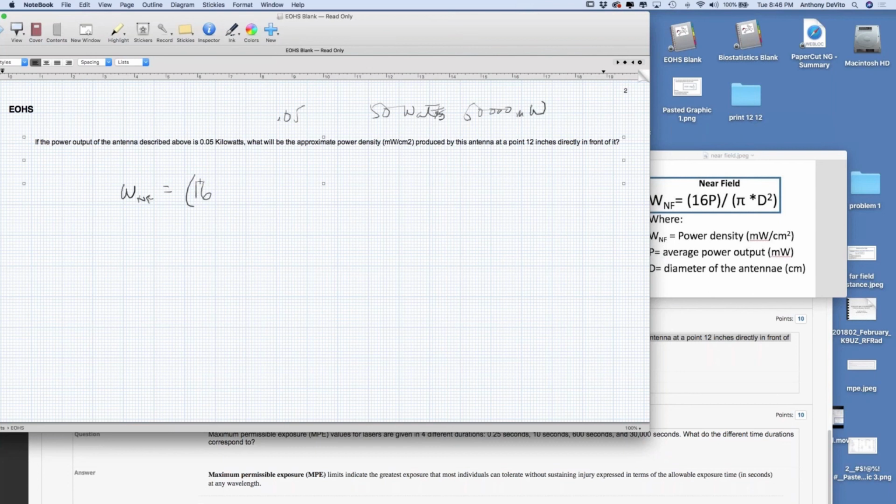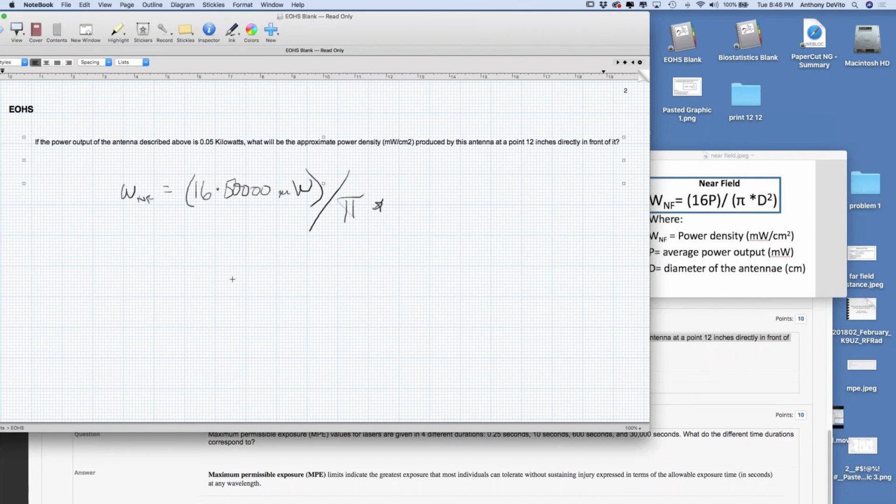Let me undo this so I get a little bit neater. Okay, so it's 16 times the power output, which is 50,000 milliwatts, divided by pi times the diameter squared.